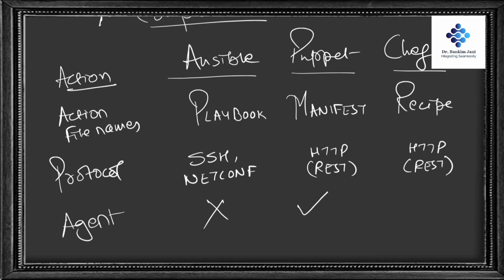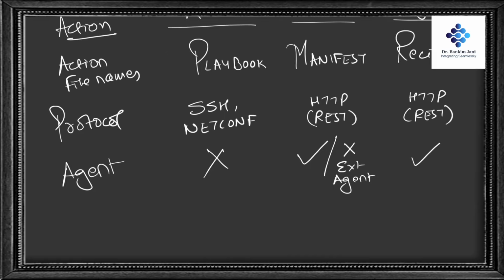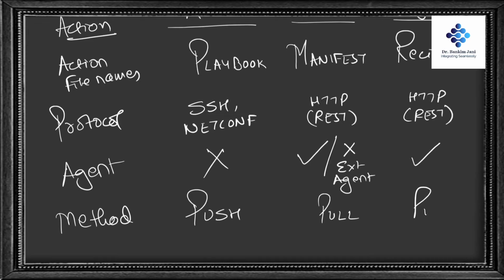Well, you need it, but there is a solution in case you don't have it, and that is an external agent can be deployed. In Chef, yes, it is compulsorily needed. Finally, the difference between their method of action, how they really work. This is a push, this is pull, and this is pull. Putting it in simple words, whenever the agent is there, it is the agent who will be pulling the configuration.